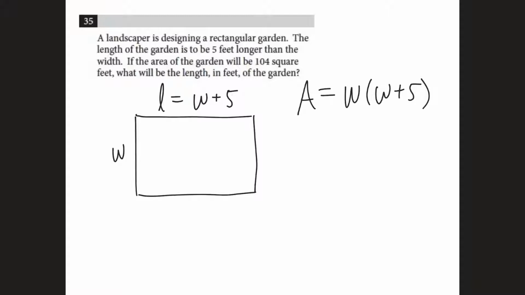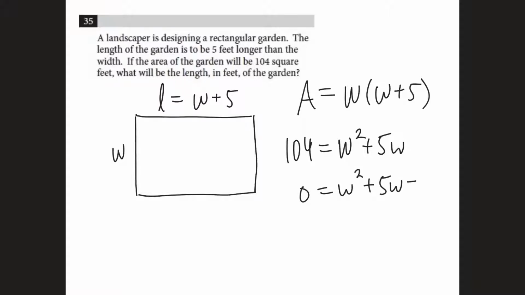And we know that the area is going to equal 104 square feet. I'm going to distribute this W. And then this is a quadratic. To solve a quadratic, we have to set it equal to 0. 0 equals W squared plus 5W minus 104.